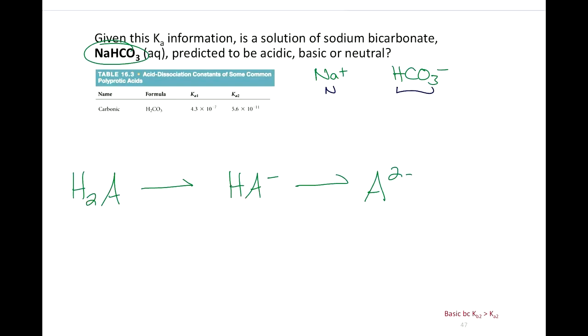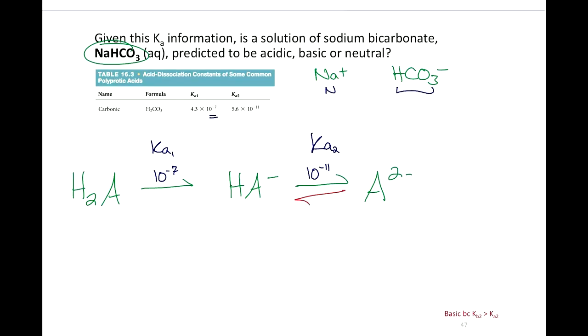In this direction, I have Ka1, which is about 10 to the negative 7, given in this reaction. Then Ka2 is given, it's about 10 to the negative 11. That's the substance acting as an acid.